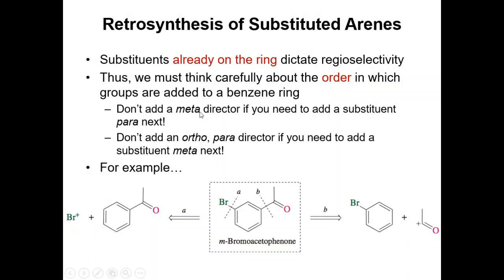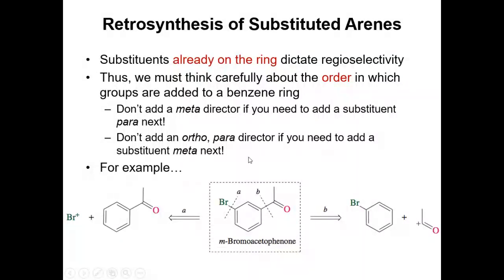For instance, you cannot add a meta director if you need to add a substituent para next, and do not add an OP director if you need to add a substituent at the meta site next.